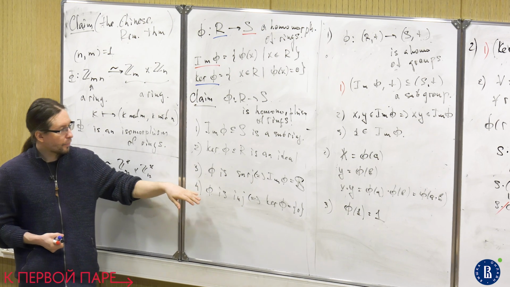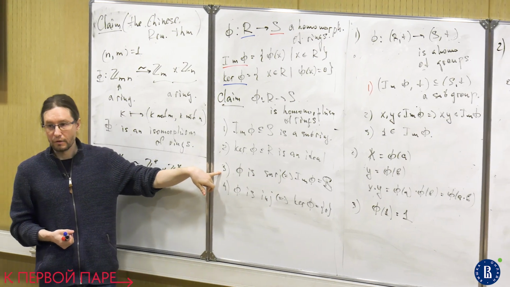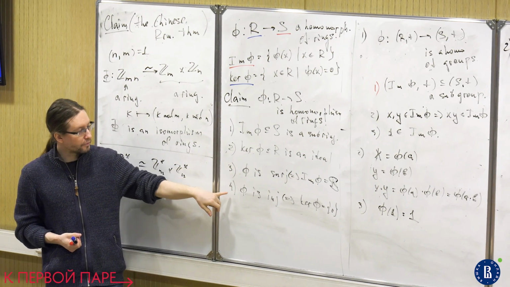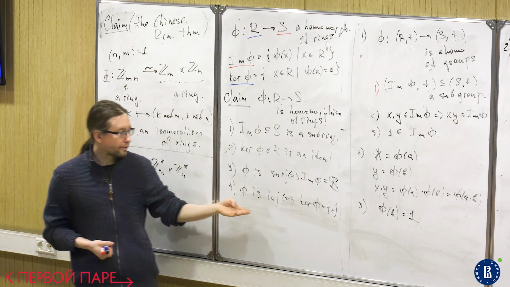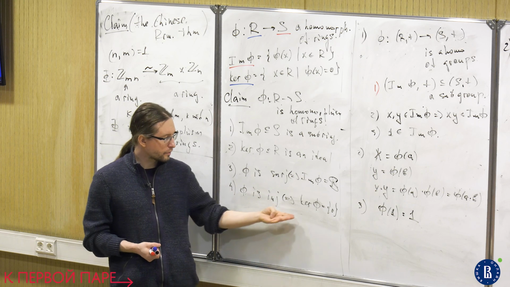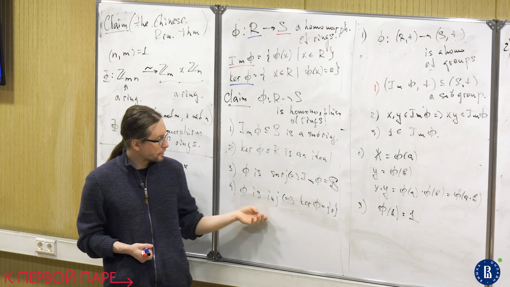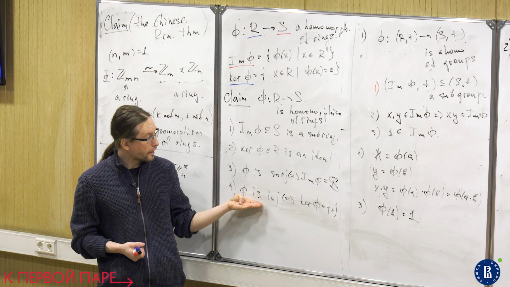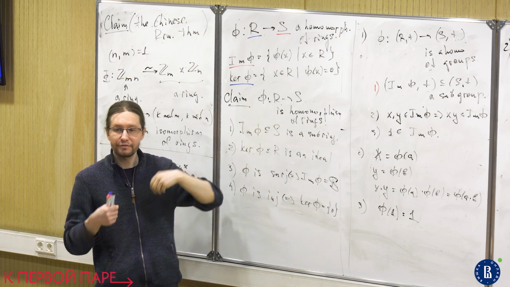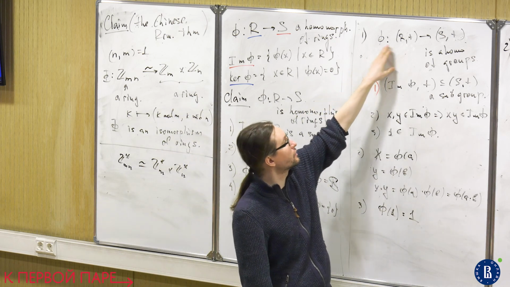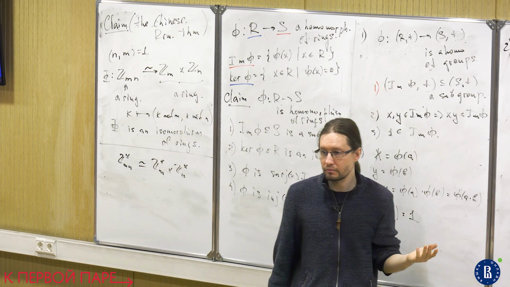Okay, now the third one was obvious. So let me prove the fourth one. Okay, but this one is also not very complicated because phi as a homomorphism of rings is injective if and only if phi is injective as a homomorphism of groups.